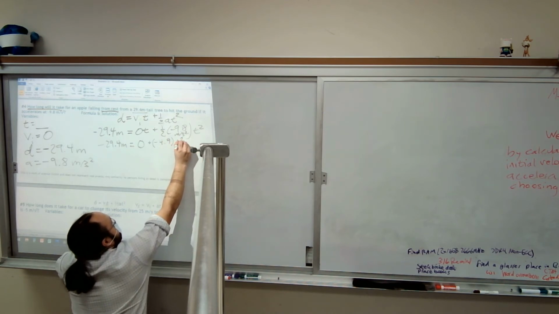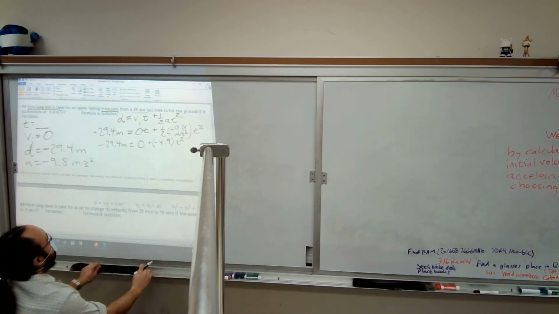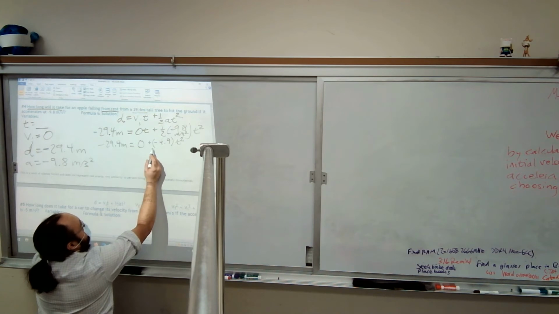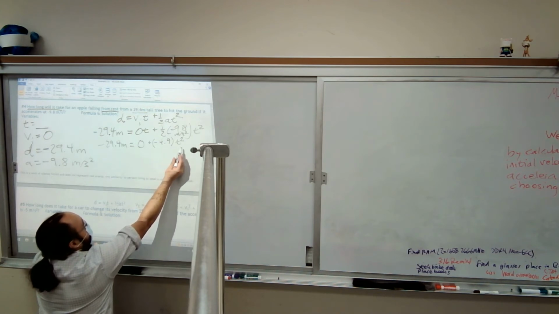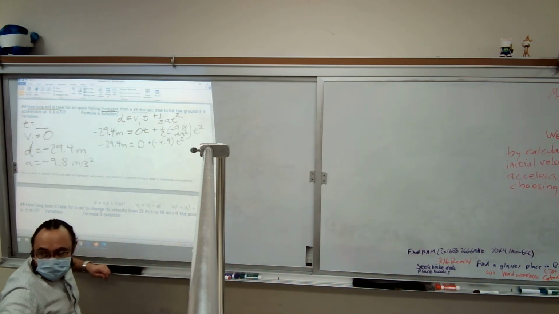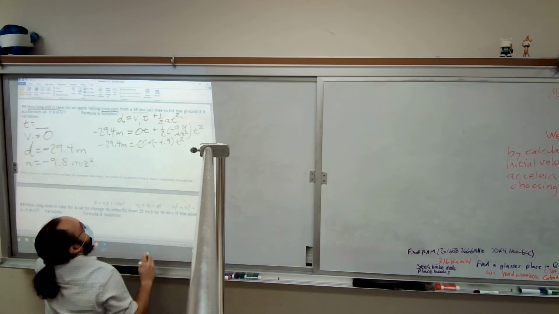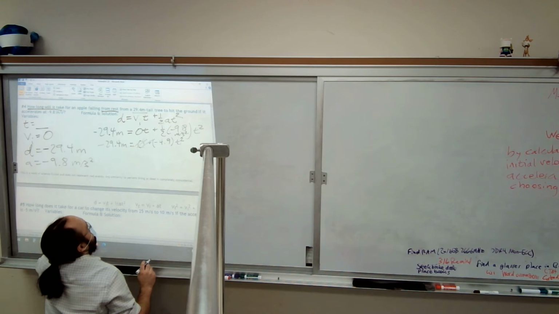And we got t squared there. This 0 is not going to add anything to this negative 4.9 t squared, so I'm just going to get rid of it here. So just pretend it's not there because it's not doing anything.